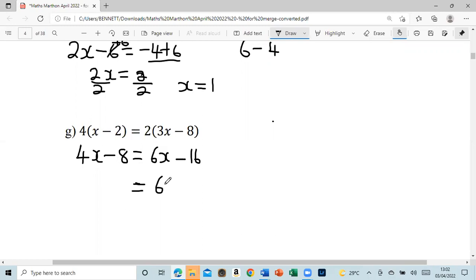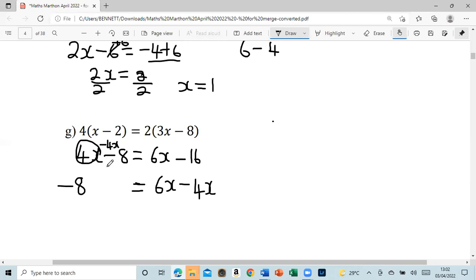So we're gonna keep the x on the expanded side here because we're gonna take this from this side. So this is positive 4x. What's the inverse of positive 4x? Negative, -4x. All right. So you see, Mr. Bennett listens to what the parents say, guys, because we have to try to make it easier for the students. Students are not our enemy. Now we keep the -8 over here.